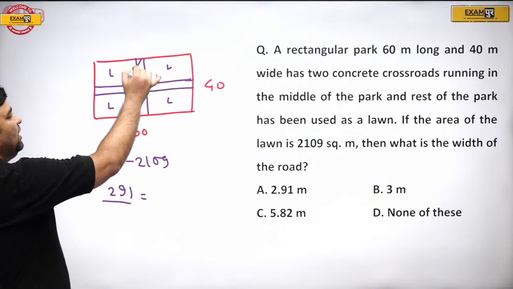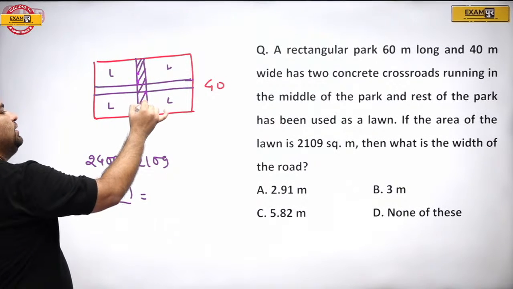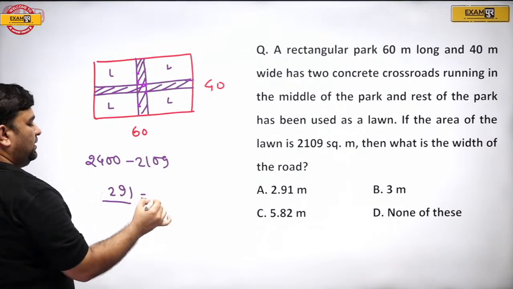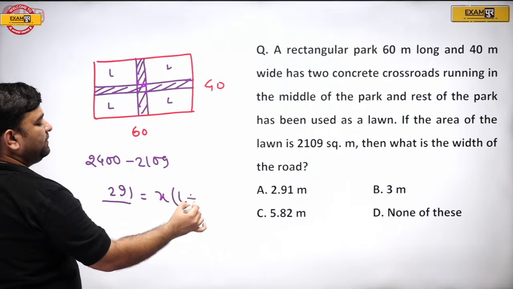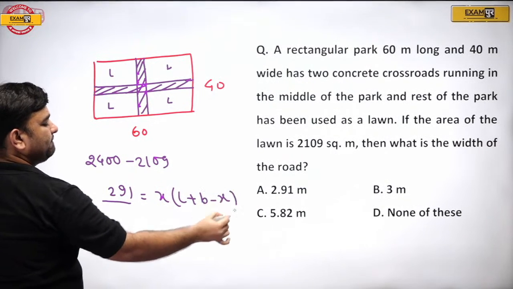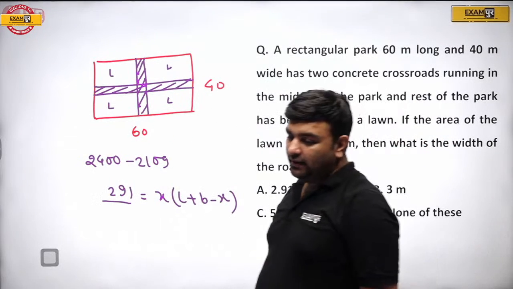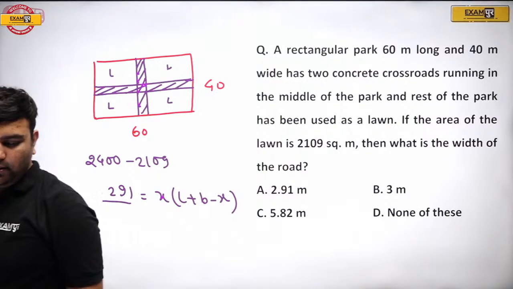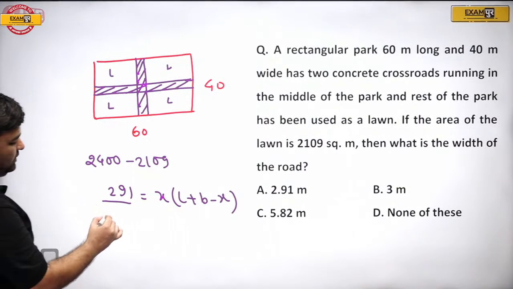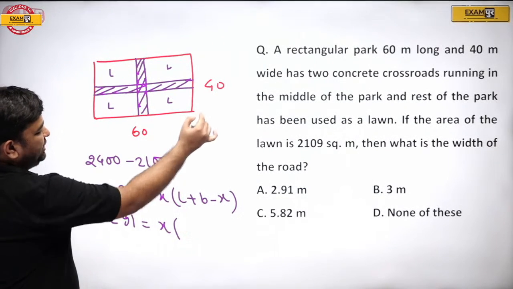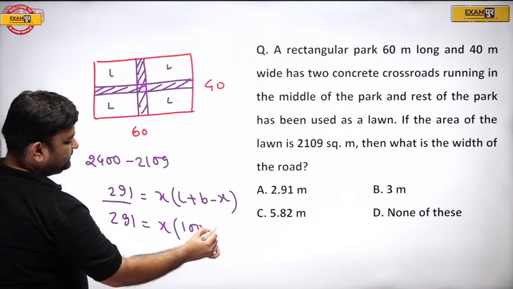The formula for the area of road in this fashion is x times L plus B minus x, where x is the width. 60 plus 40, 100 minus x.